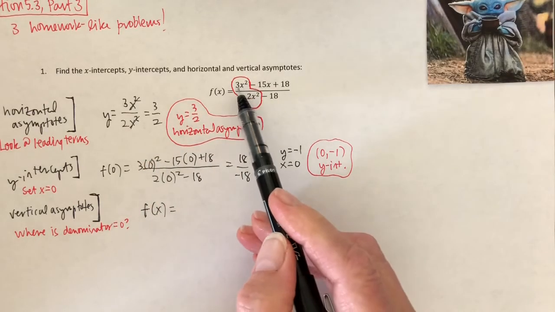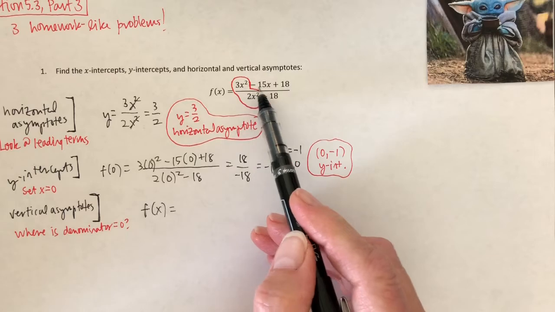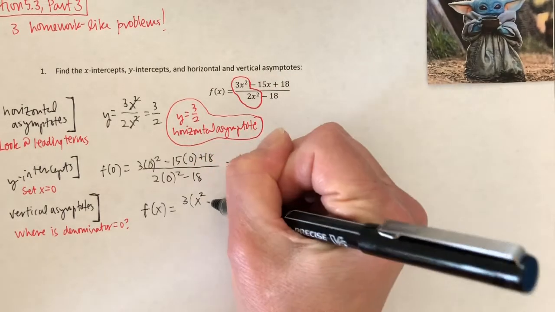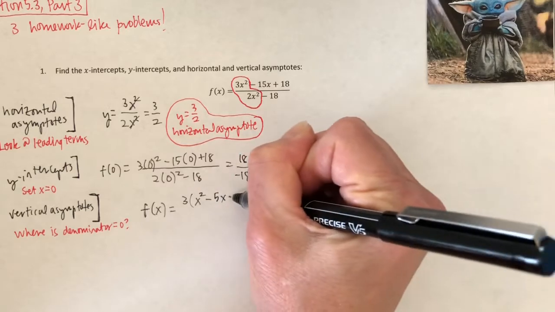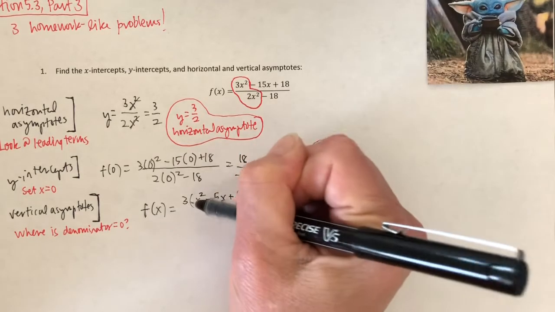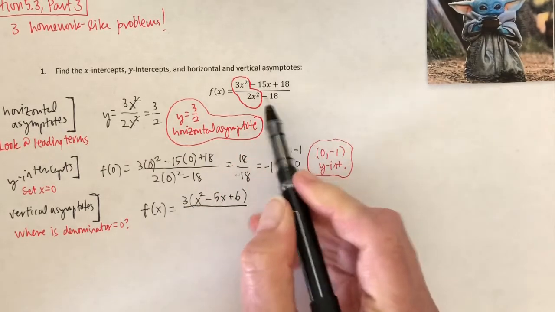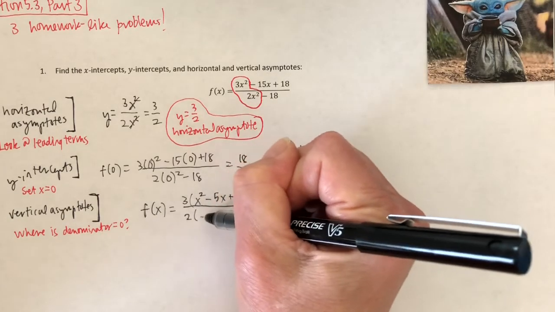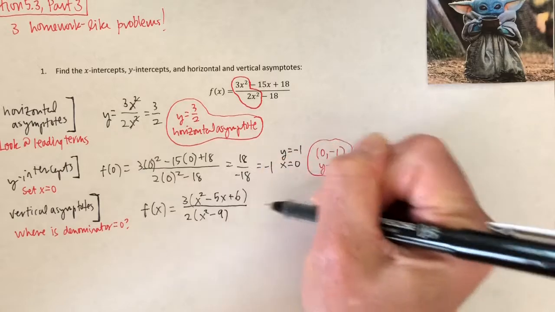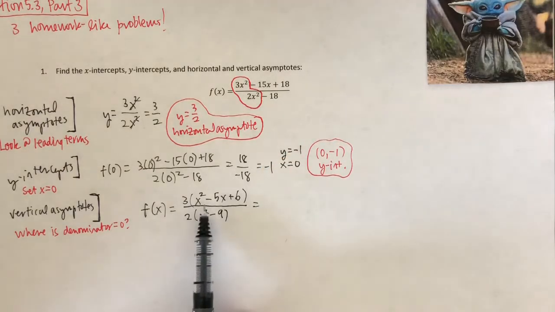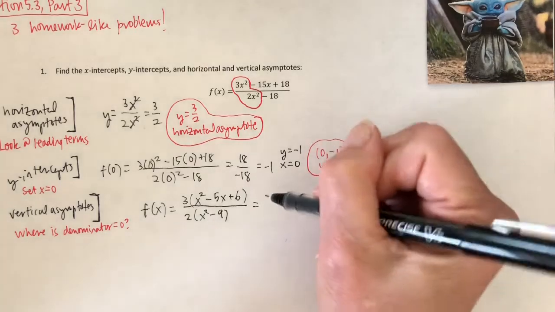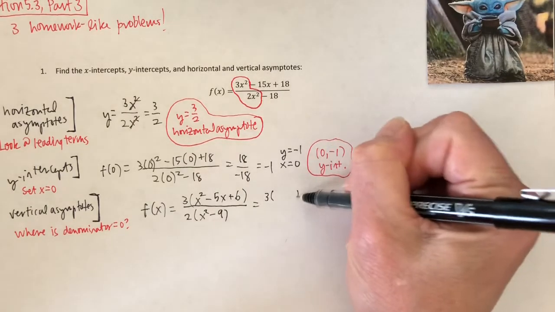The numerator, as I look at these 3 terms, I see that there's a 3 common to each of them, so I first pull that out. 3 times x squared minus 5x plus 6. On the bottom, it looks like there's a 2 common to both terms, so I'm going to pull that out. X squared minus 9. And now I'm left with some quadratics to factor, and I'll just try to factor these into 2 binomials.